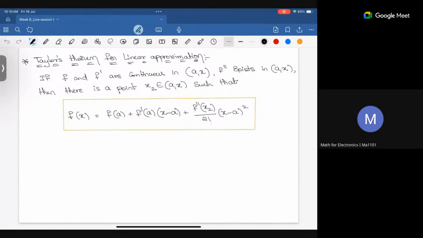As the approximation's degree increases, as you progress to linear, quadratic, and then cubic, quartic, and so on, your approximations will get better and better. This degree will increase when you use more information about the point a. So if you have only the function value at point a, you can only do a constant approximation, right?